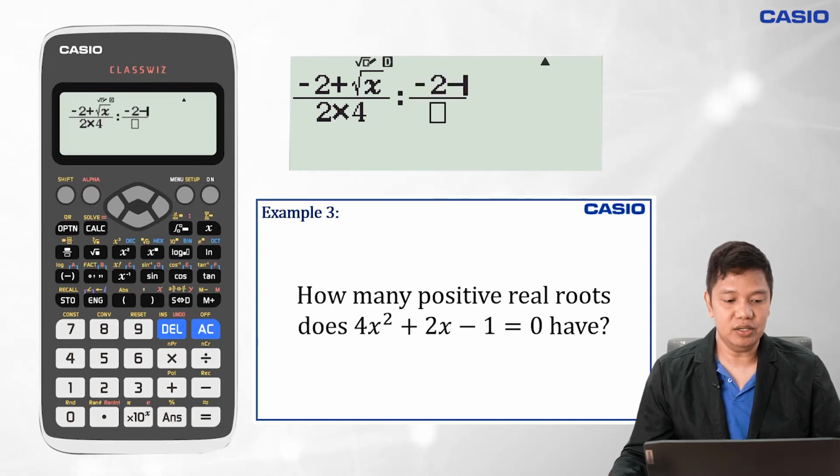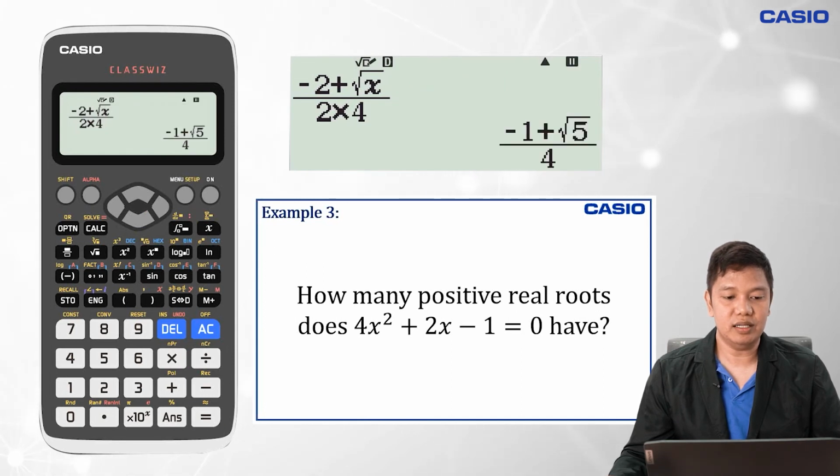This time, we have minus the square root of the discriminant, which is x, over 2 times 4. Pressing equals, you have there negative 1 plus square root of 5 all over 4. We all know that square root of 5 is more or less greater than 2, and hence, our first root is positive. For the second root, we have negative of the fraction 1 plus square root of 5 all over 4. Therefore, the second root is negative. Hence, for this equation, we only have one positive real root.